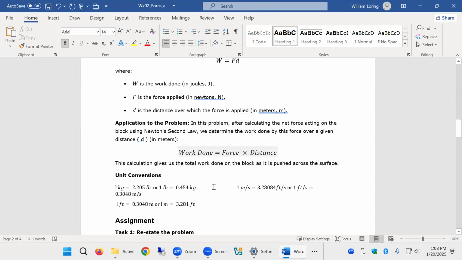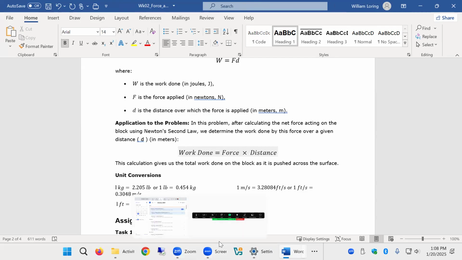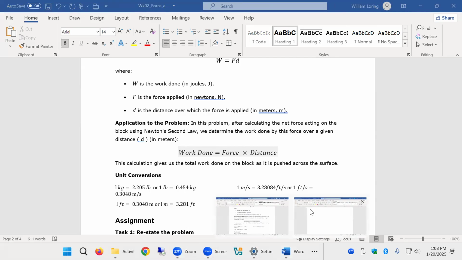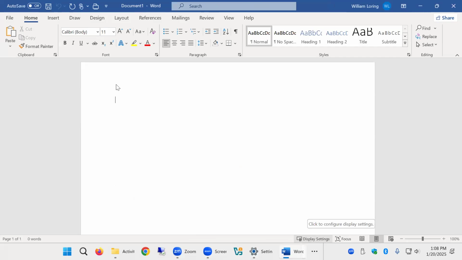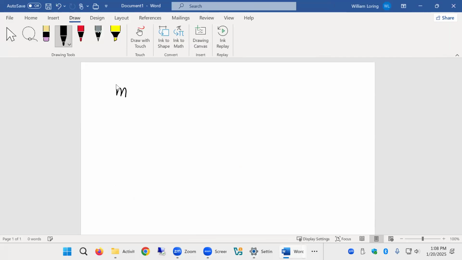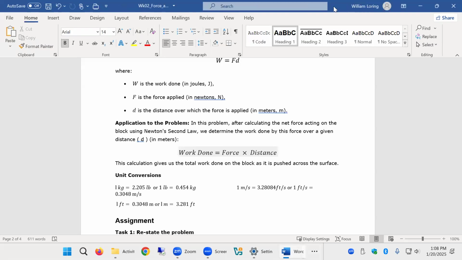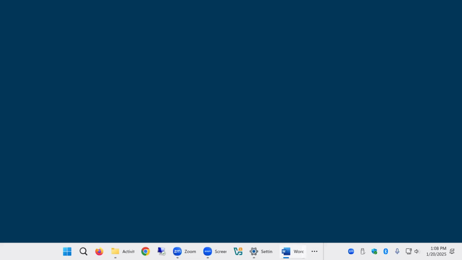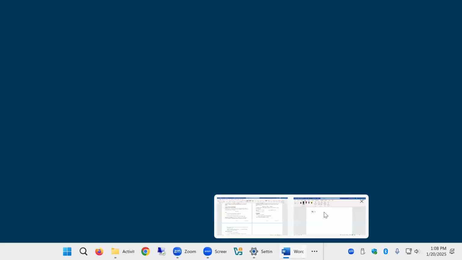The first step: all these equations are in SI units, but what units were the given numbers in? They're feet and pounds. Did you understand the problem?